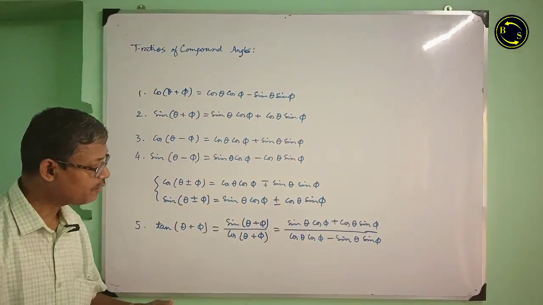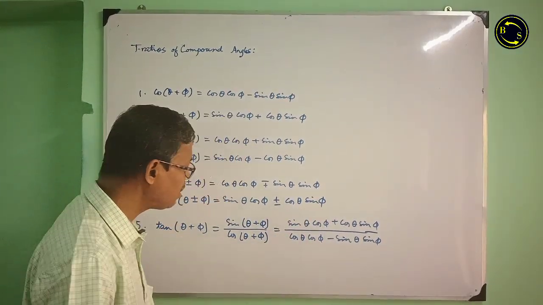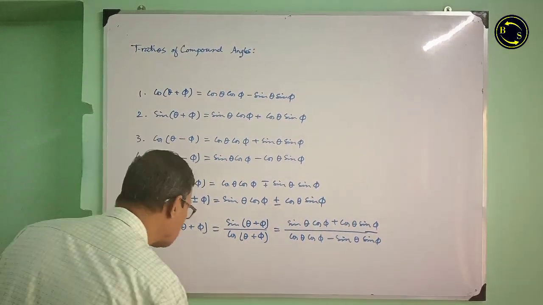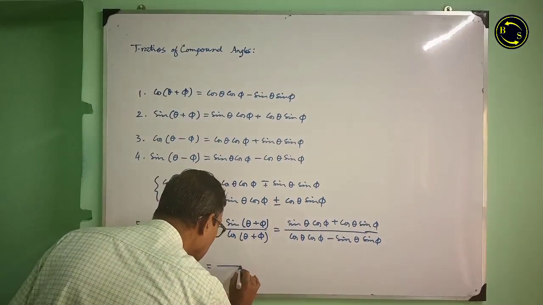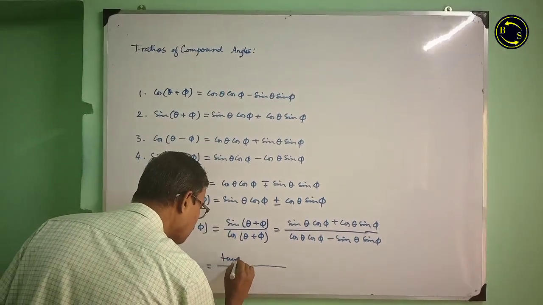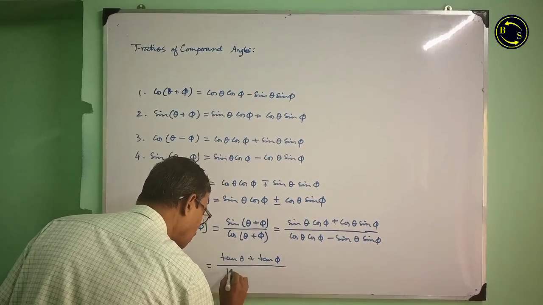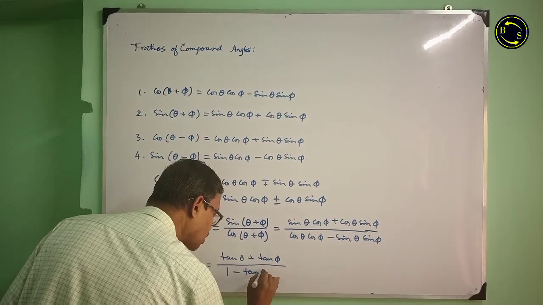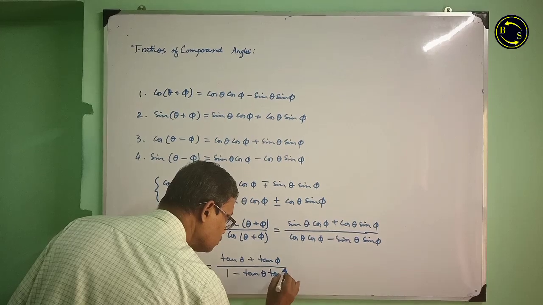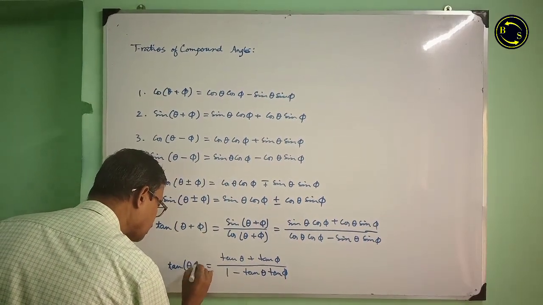Now to get tan form, we divide the numerator and denominator by cos theta cos phi, so that we get, after simplification of course, tan theta plus tan phi by 1 minus tan theta tan phi.